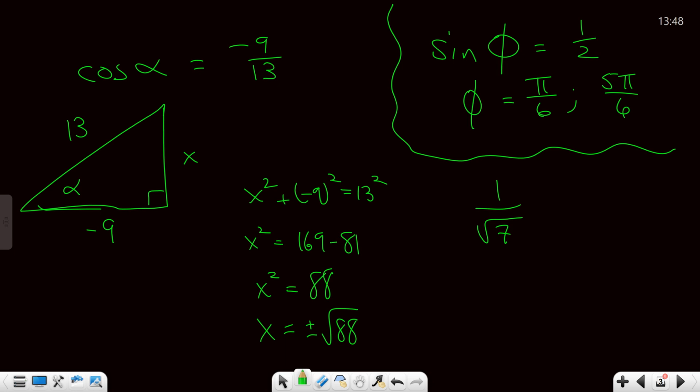Plus or minus? Well, which one is it? Where is this triangle happening? It's in the second quadrant. Second or third? Yes, because the x is negative, right? Well, which one, second or third?